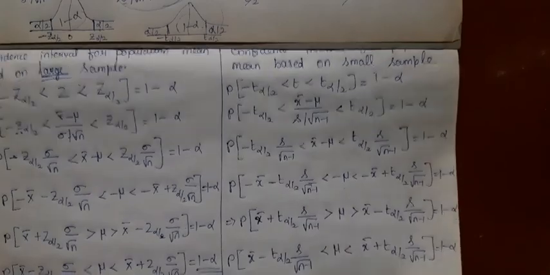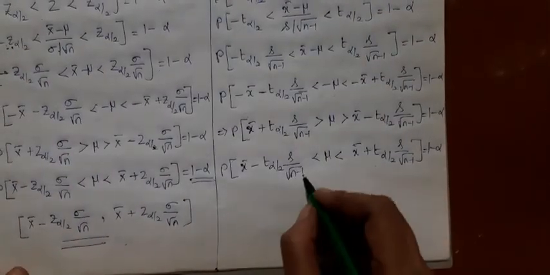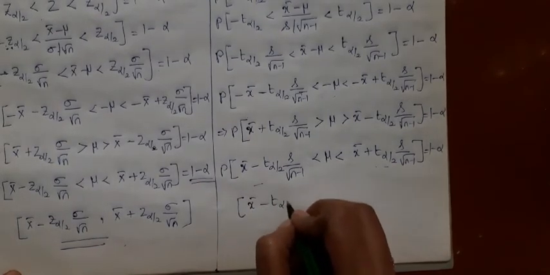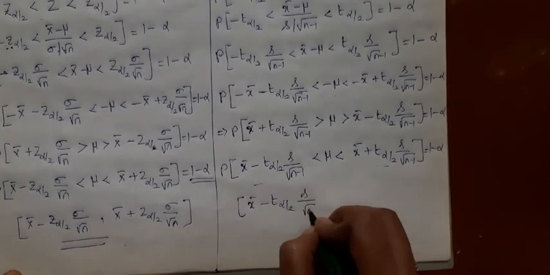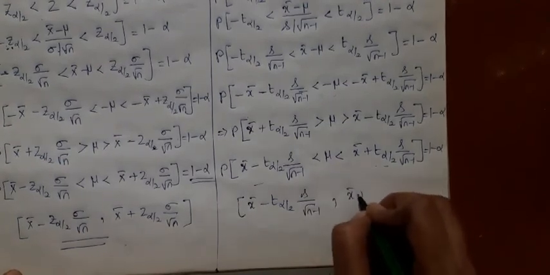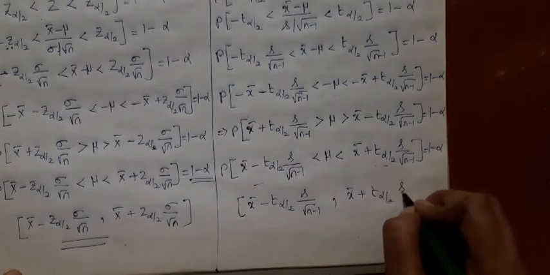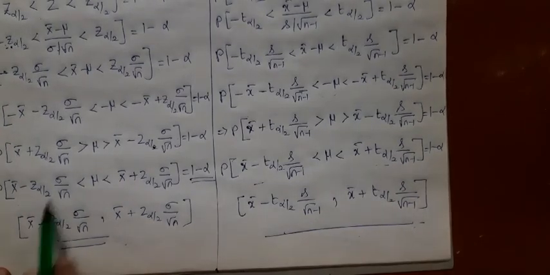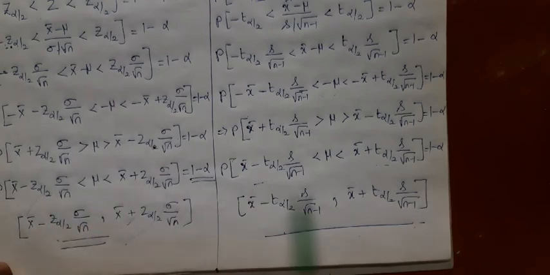So you have derived the confidence interval for the population mean when the sample size is small. With the confidence level 1 minus alpha, you have the confidence interval as this. So this is the confidence interval for mean based on large sample, and this is the confidence interval for mean based on small sample. Thank you.